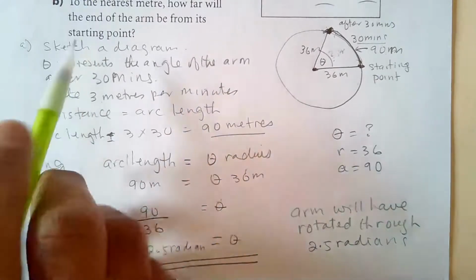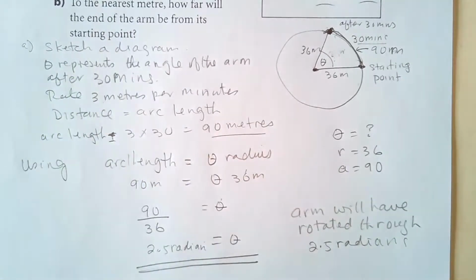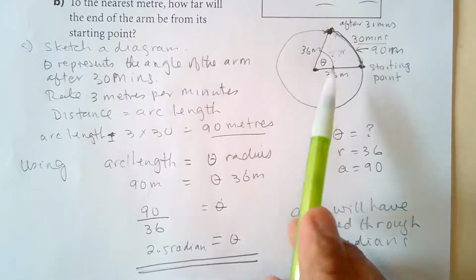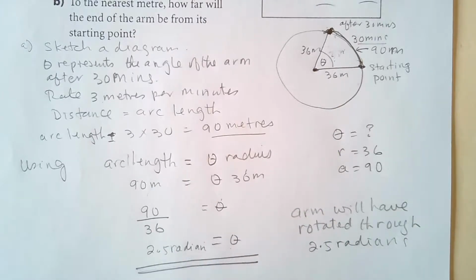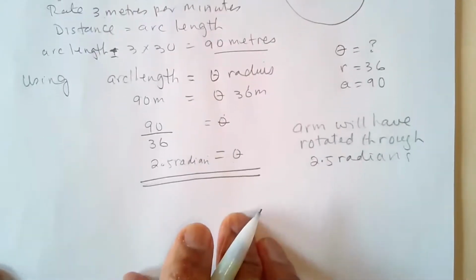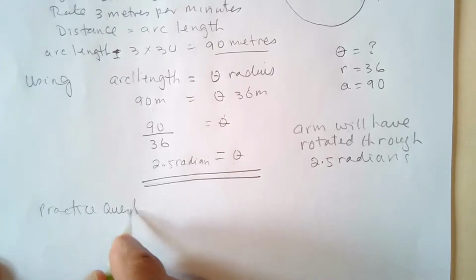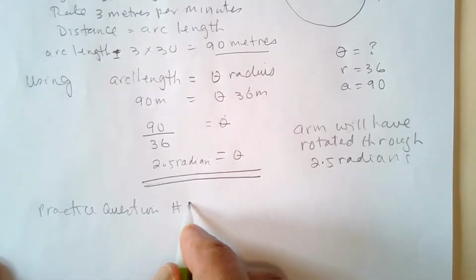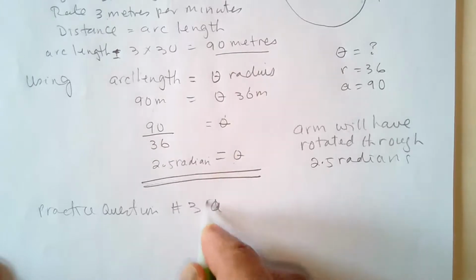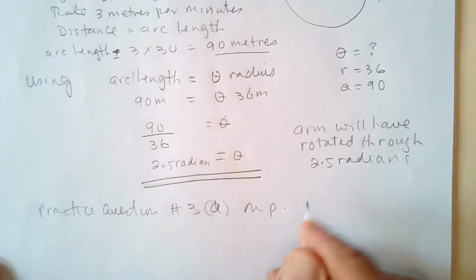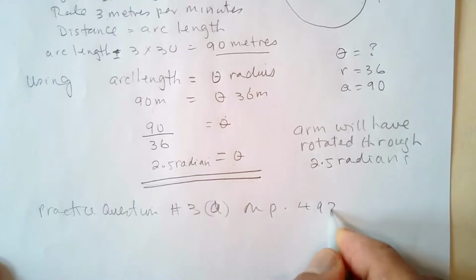Okay. We'll leave part B for now. We'll come back to it later. But all I want you to focus on right now is how do you find the angle? At this point, you will want to try practice question number 3, part A, on page 492.